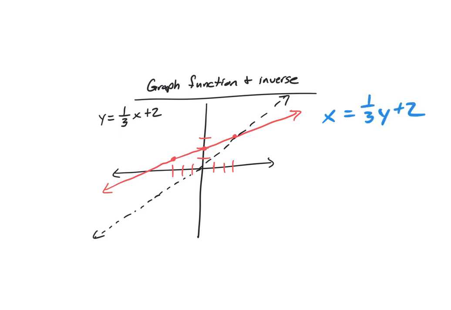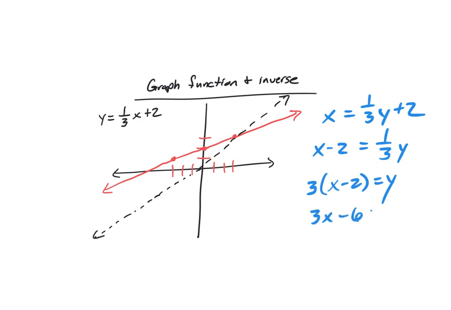I could solve this for y and then put that into my calculator. So I could subtract 2 from both sides. And then to get y by itself, we could multiply by 3. So this would be 3 times x minus 2 equals y, to get rid of the 1/3, which really becomes 3x minus 6.